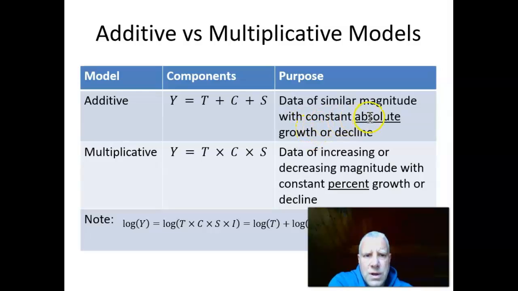Okay, the growth is absolute. In a multiplicative model, the trend, cycle, and seasons are multiplied together, and this is when you're measuring the growth or decline in percentage terms.